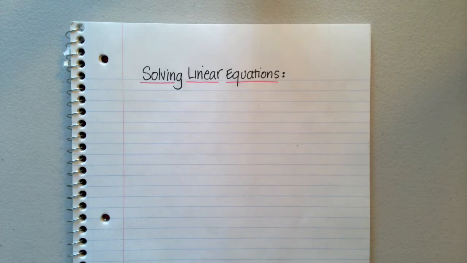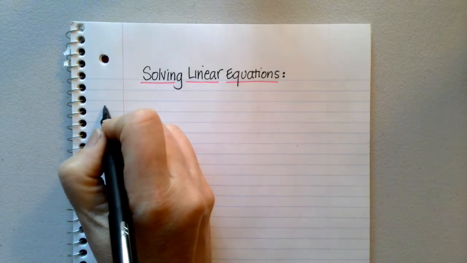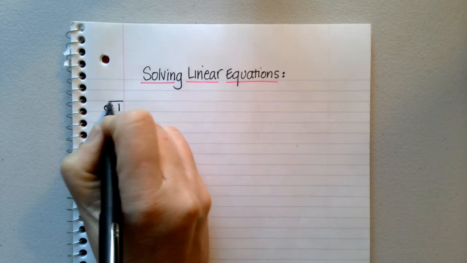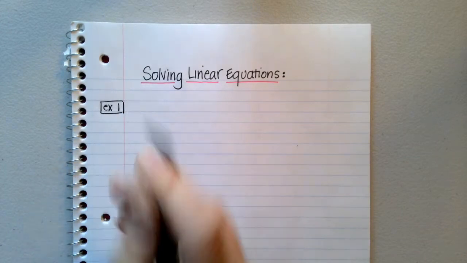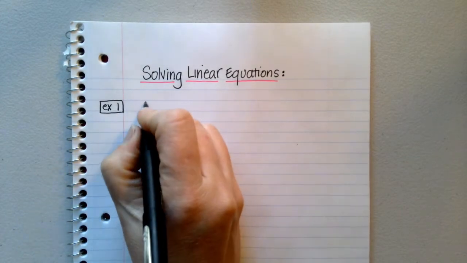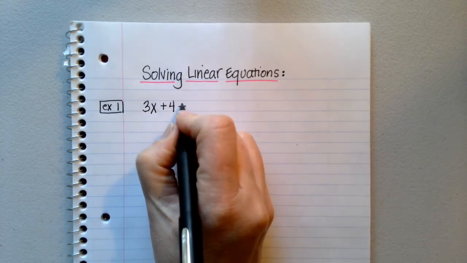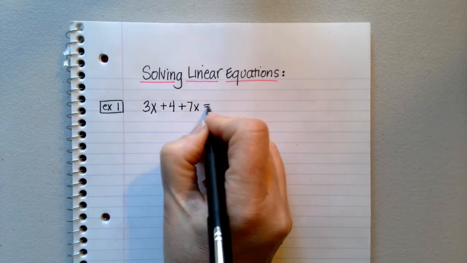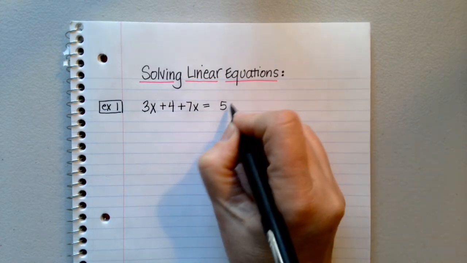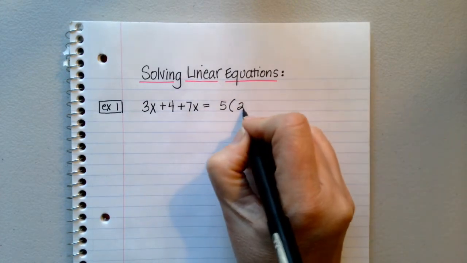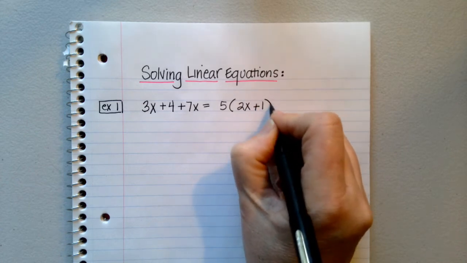So we're just going to dig right into examples, and I'm going to start with example number 1. Our equation looks like this: 3x + 4 + 7x = 5(2x + 1).